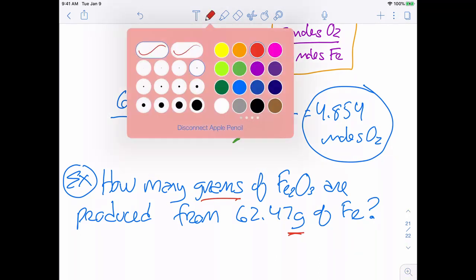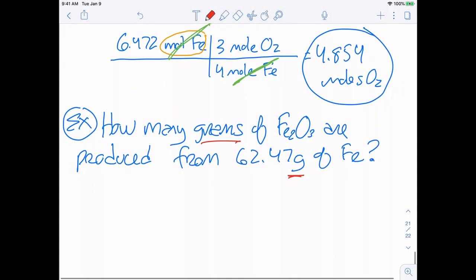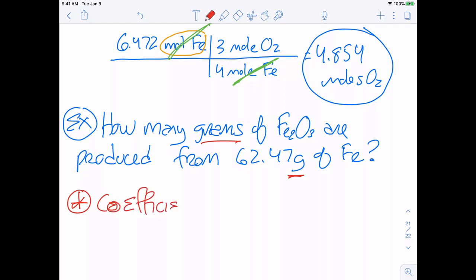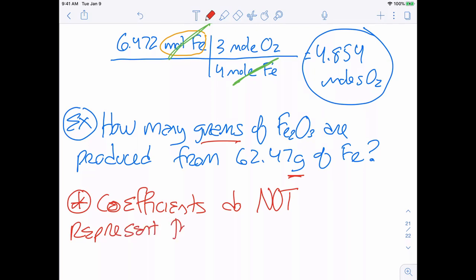We said the coefficients can represent 2 different things, and one of those things was not grams, right? We said our coefficients can represent the number of moles of reactants or products, or they can represent the number of particles: how many atoms, ions, compounds, molecules do we have? But coefficients do NOT represent the number of grams.